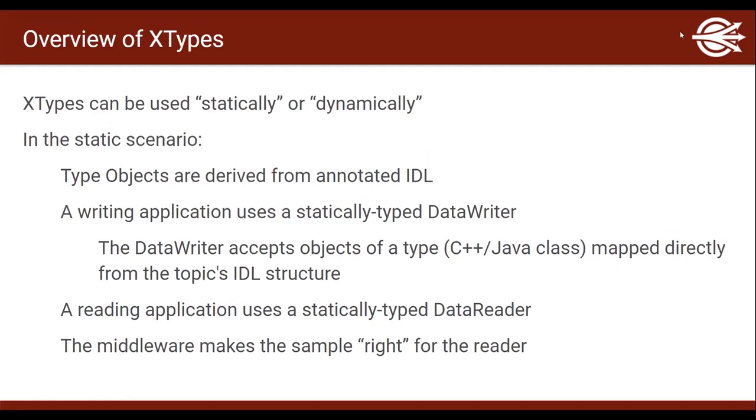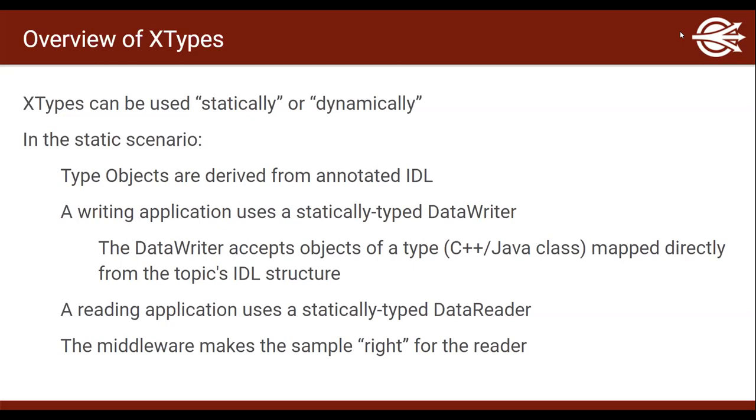The reading application behaves in the same way, where it's got a data reader, which is parameterized on the particular data type. And it then interacts with the C++ or Java object types.